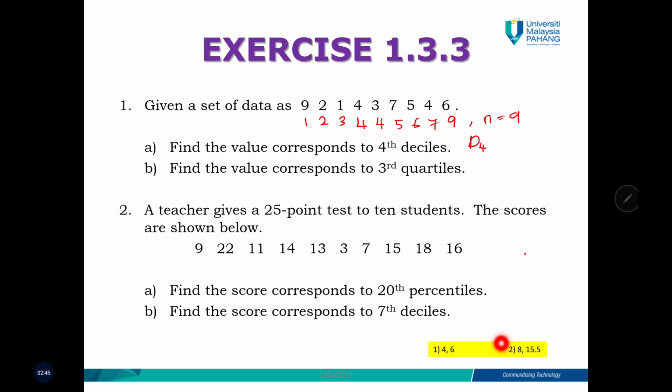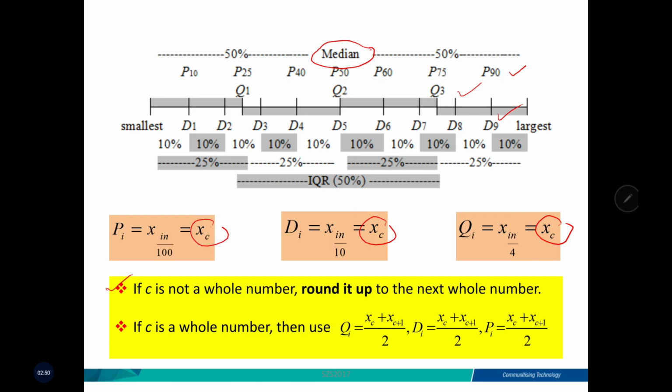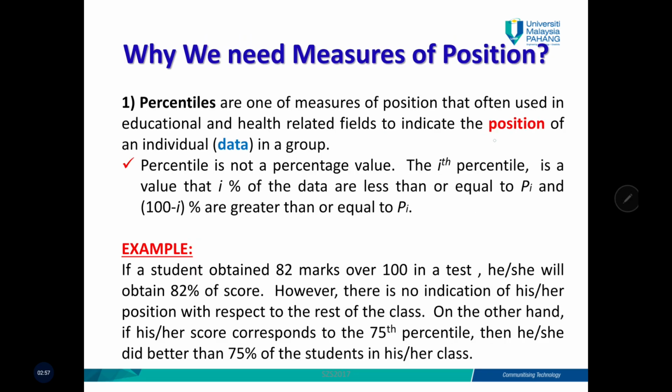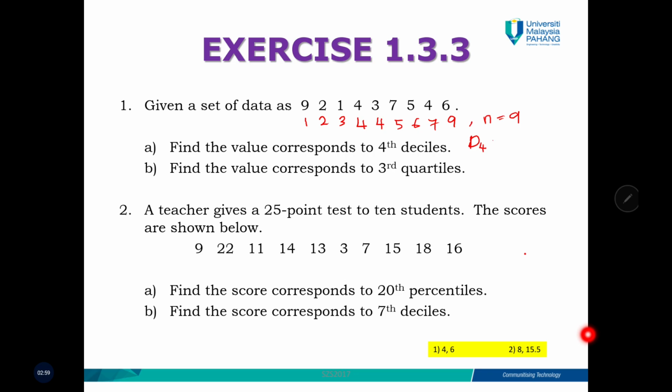So, by applying the formula for decile as given here, D is equal to X, where X refers to data. 4 times N, which is 9, divided by the size, which is 4, is equal to X3.6.